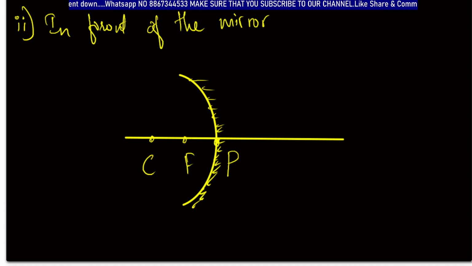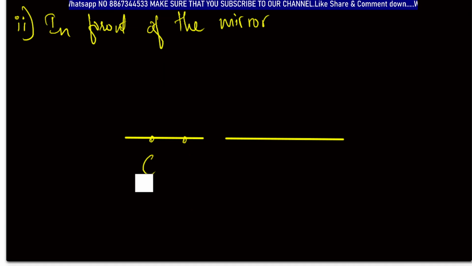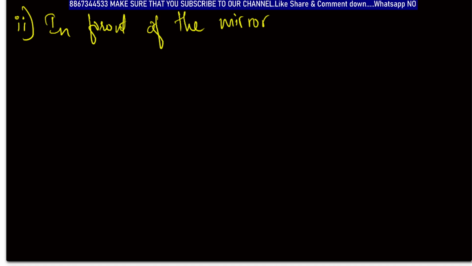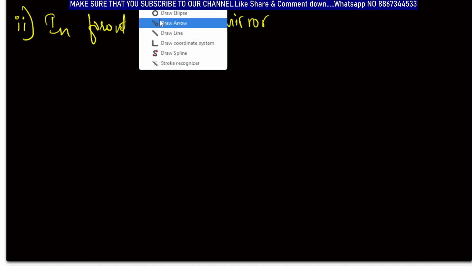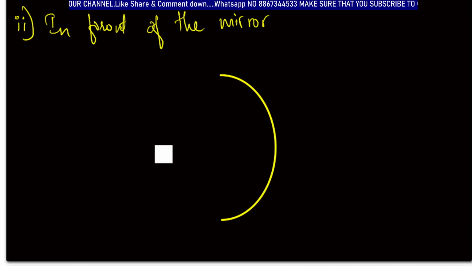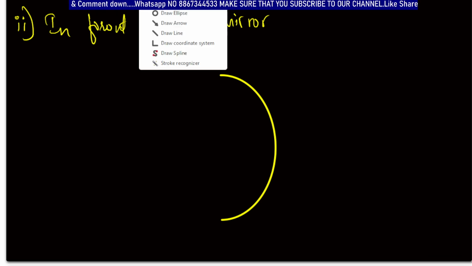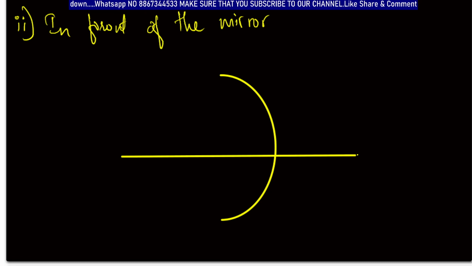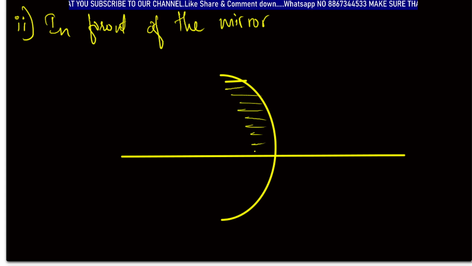So this is the mirror. This is the principal axis, and this is the polished surface, the reflecting surface.